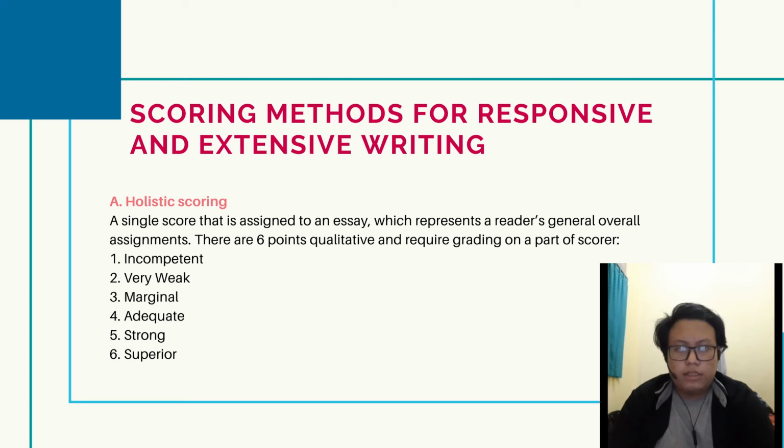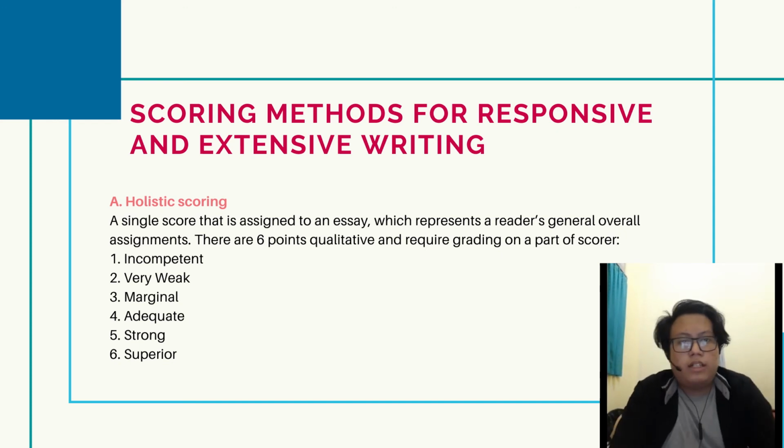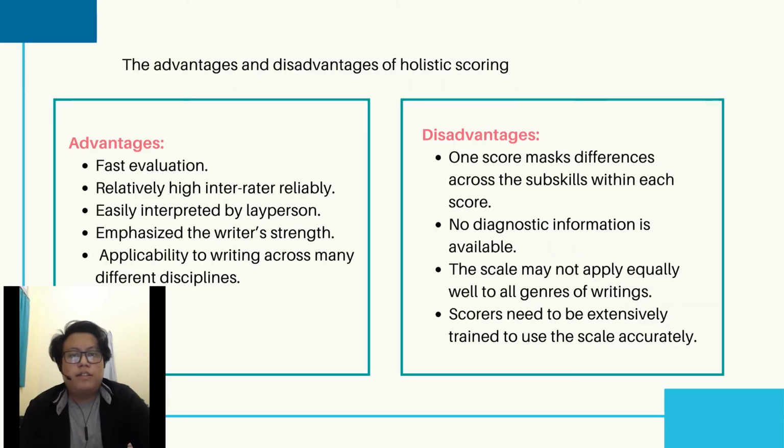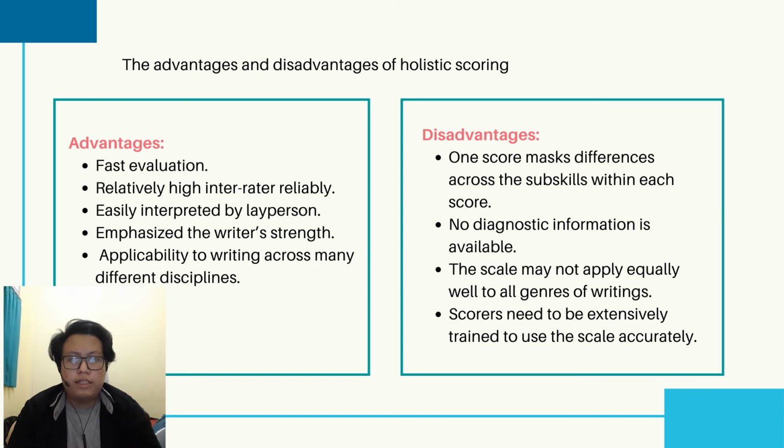A systematic collection of descriptors is provided at each point on a holistic scale, and the reader or evaluator corresponds with the descriptors in order to achieve a ranking. There are 6 contextual points, and a portion of the scorer has to be evaluated. These are the advantages of holistic scoring. These are the disadvantages of holistic scoring.